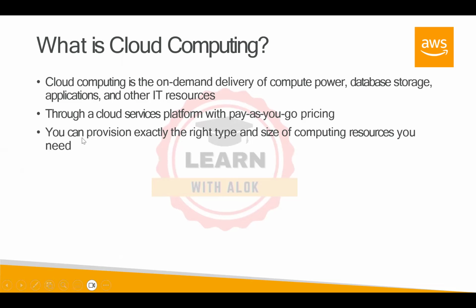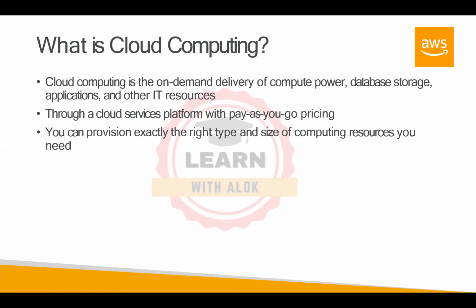Another thing is you can provision exactly the right type and size of computing resources you need. Suppose you have a requirement of 8 GB of RAM, Windows operating system, and a quad core or octa core CPU. According to that, you can purchase the resources from the public cloud like AWS.